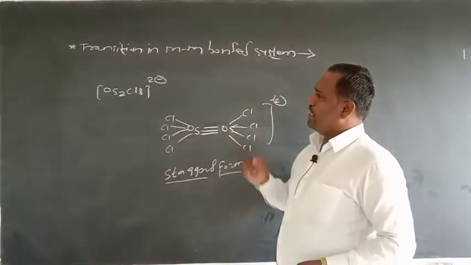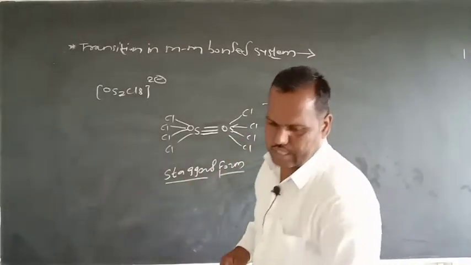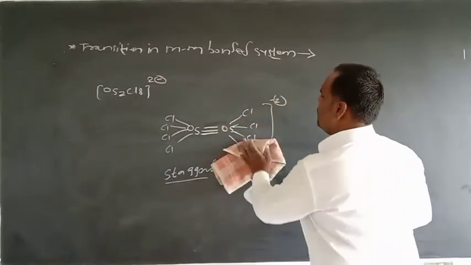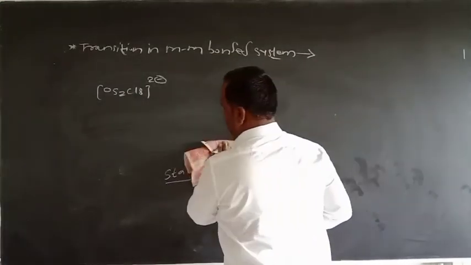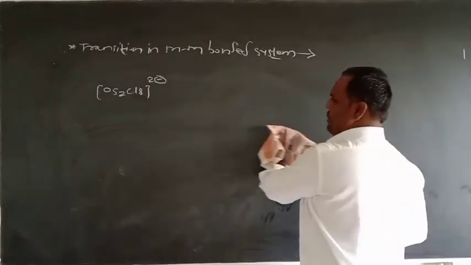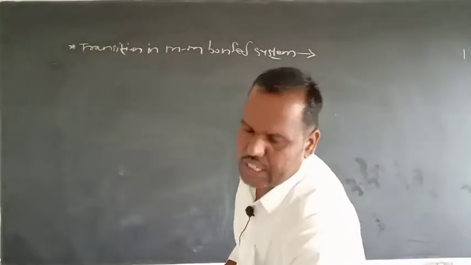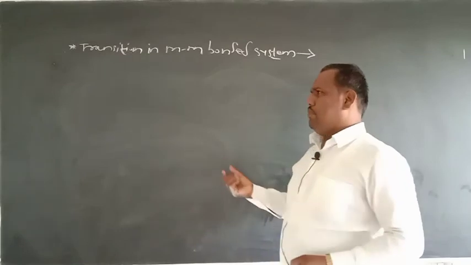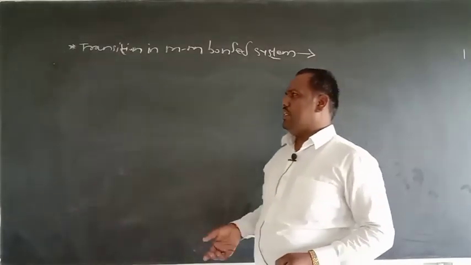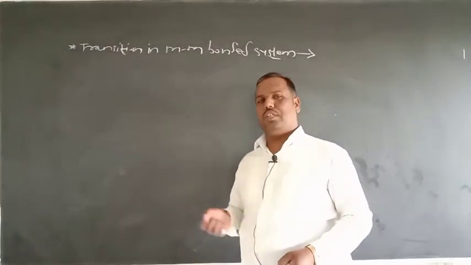So this is regarding the Os2Cl8 example. Both examples are of the second case, in which the dx2-y2 orbital is not involved in delta bond formation, it is involved in bonding with the ligand attached to the metal.